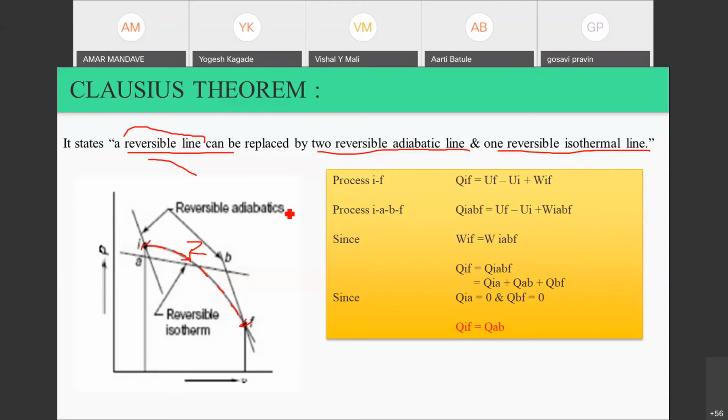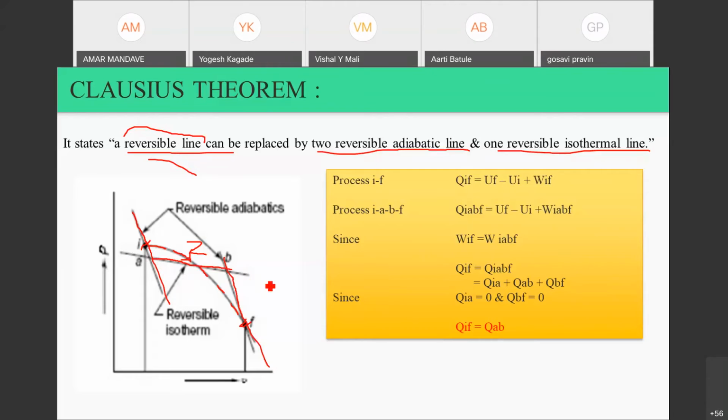On the PV graph, you know the constant adiabatic lines are like this, this line A and this second one. Those two are the constant adiabatic lines, and the third, the reversible line from A to B, having some slope, is the constant isothermal line, the reversible isothermal line.